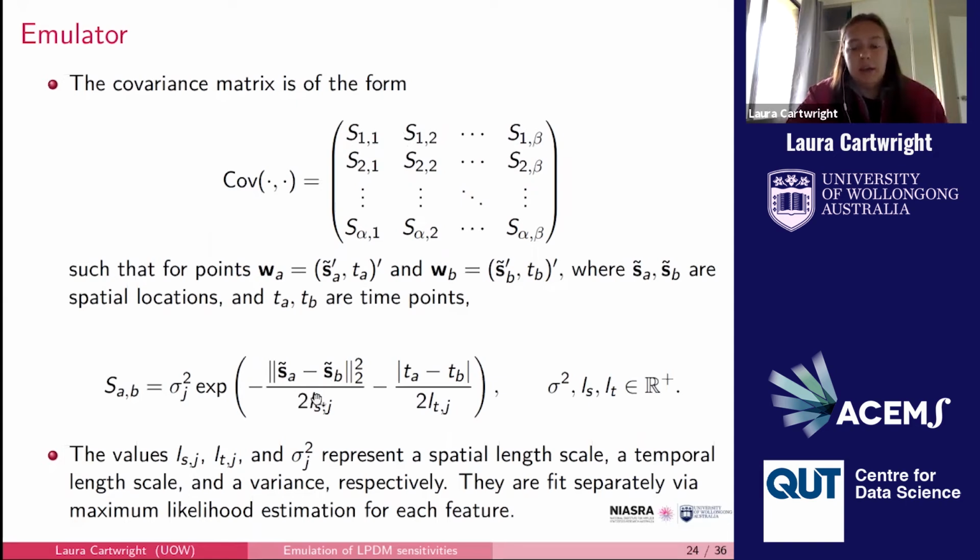And we also have a spatial length scale and a temporal length scale. You have one of these for each feature, and each of those, the length scales and this variance value out the front too, we fit via maximum likelihood estimation.